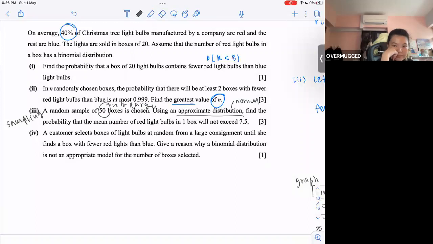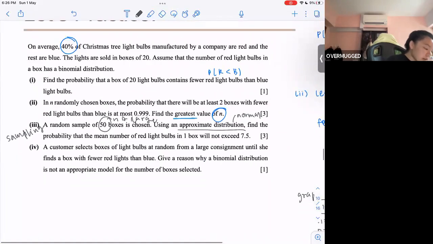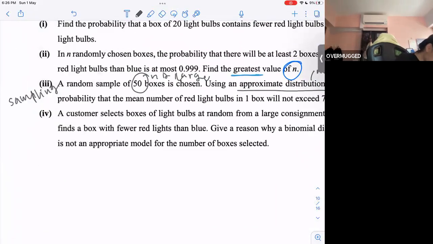Okay. So for this, because at the front, it followed a binomial distribution, you can say the expectation of x, because x follows a binomial distribution, is np, which is 20 times 0.4.